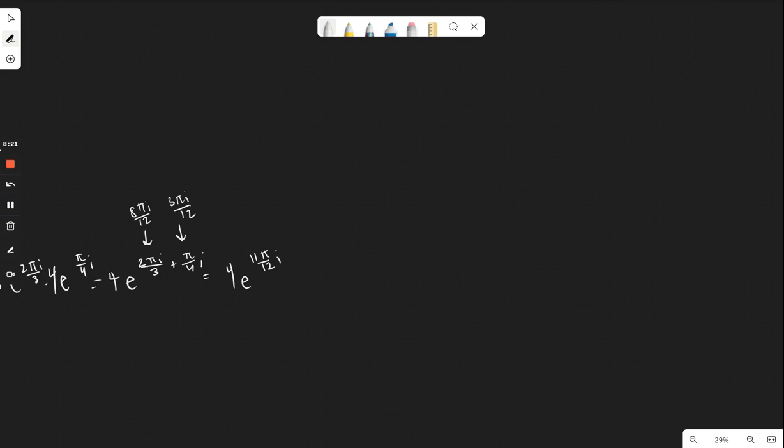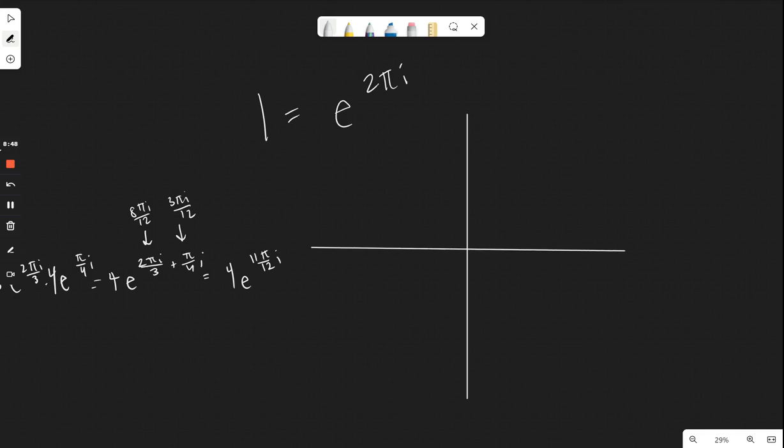So what we can do is say we have to find the 6 roots of e to the 2 pi i, because 1 is equal to e to the 2 pi i. Cosine of 2 pi is 1 and sine of 2 pi is 0. These are all roots of unity, because we can raise them to an integer power and get 1.